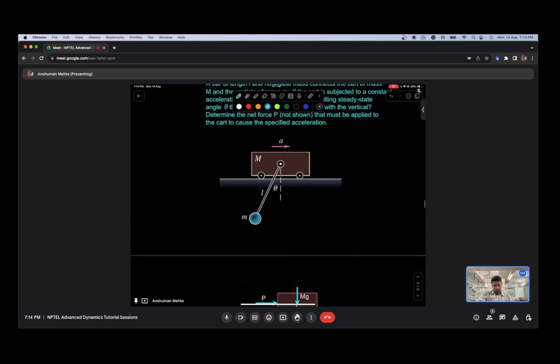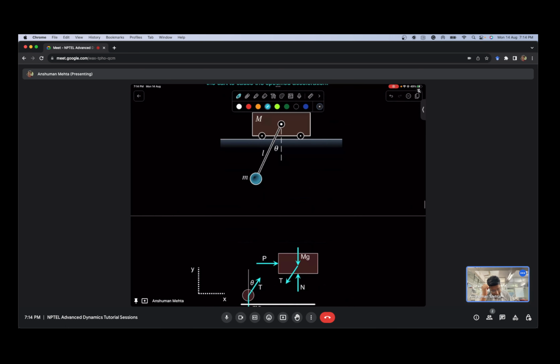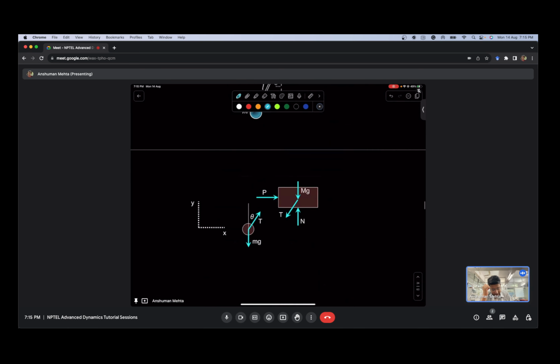So the cart is moving with acceleration a, and drawing the FBD looks like this.